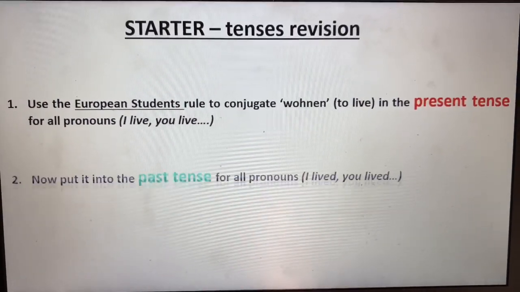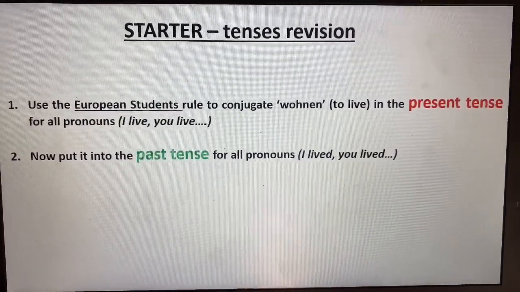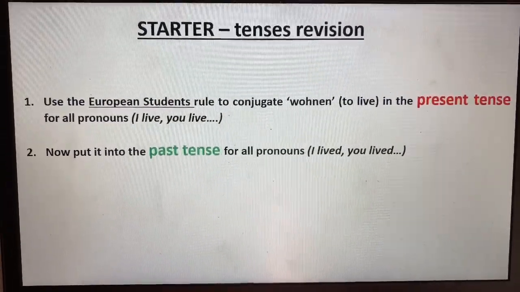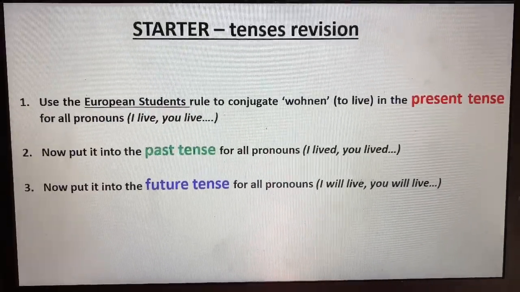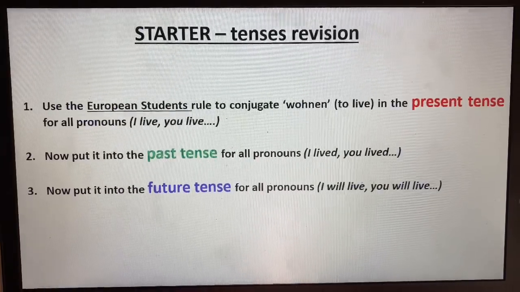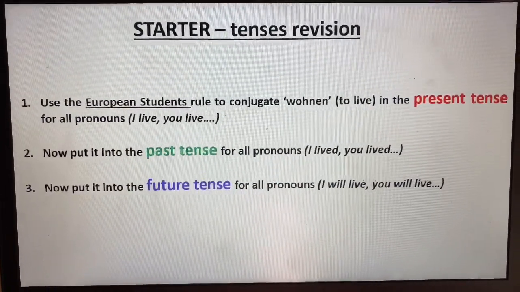Once you've done that, you need to write wohnen for all pronouns in the past tense. Again, if you can't remember how to do the past tense, look in your book because we've definitely done it before. And part 3, wohnen for all pronouns in the future tense. You will need to pause this video now and keep this slide up so that you can remember what you need to do.